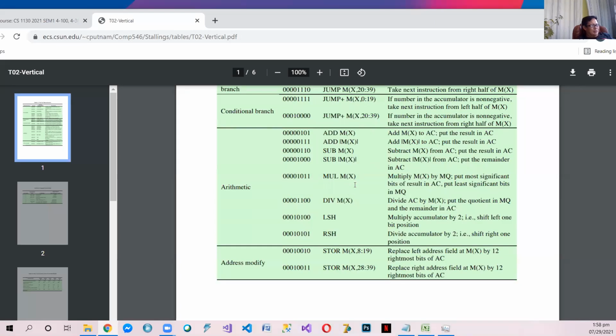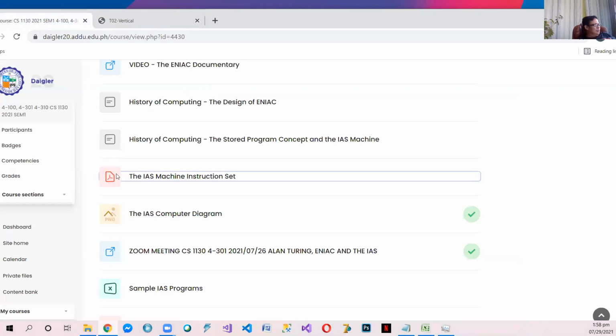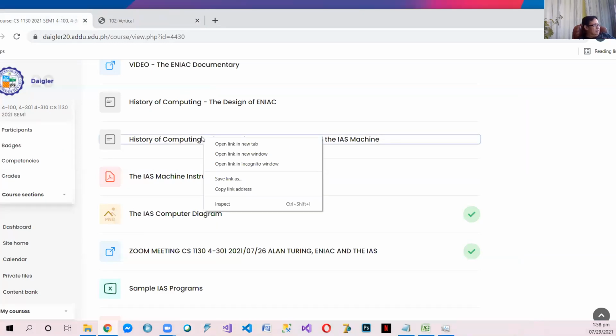You have mul MX multiply, div MX. You have left shift. When you left shift a binary number, you are actually multiplying it by 2. You have right shift. When you right shift a number, you are effectively dividing it by 2. We have half stores, no? Store to the left and store to the right. Do you follow?